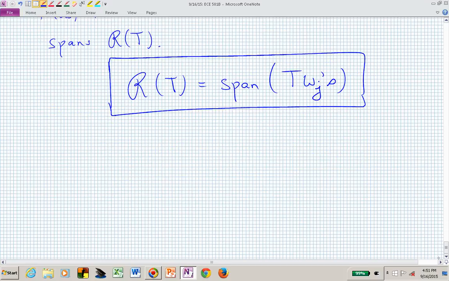Now, what are we trying to do? We are trying to find a set of basis vectors for the range of T. We've now found a spanning list, haven't we? What do we need to do now? What's the basis? Now I have to show that those vectors not only span the space, they are linearly independent.